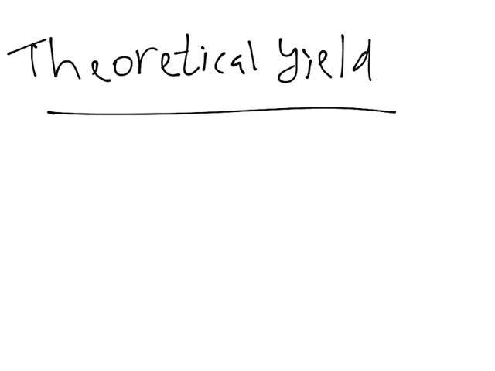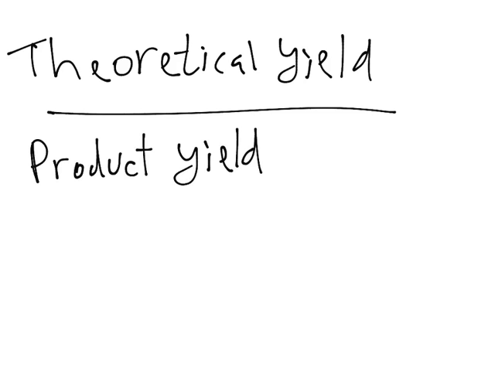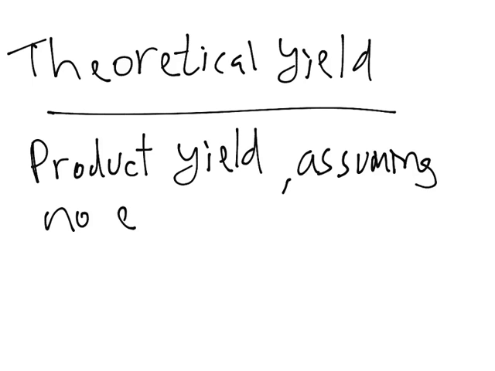That usually never happens. There's always human error or some kind of error that occurs. So this would be the product yield, assuming no errors were made.